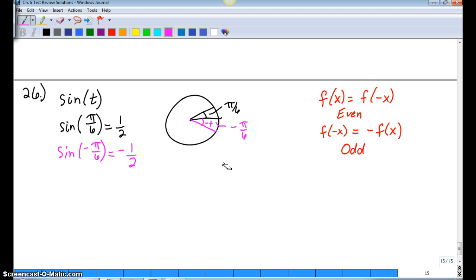So let's go back and look at this even odd definition over here. Well, if we take f of negative x, that is sine of negative pi over 6. That equaled negative 1/2. That happens to equal negative sine of pi over 6.